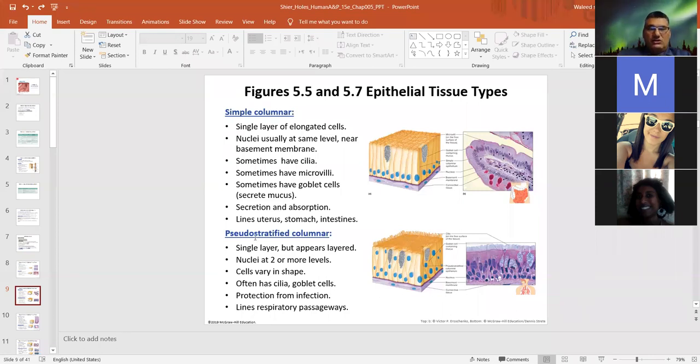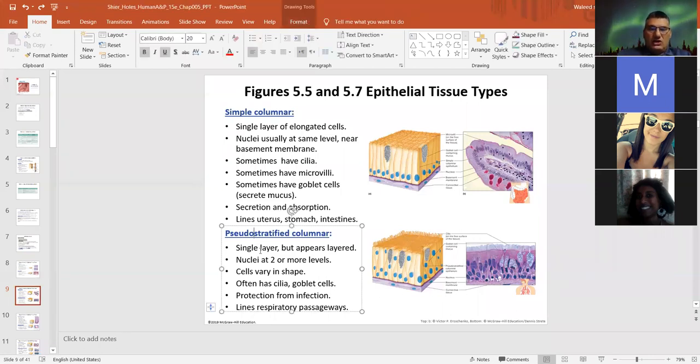There is one that's called pseudostratified columnar. Does anybody know what pseudo means? What does this prefix mean? False. Exactly, it means false. So pseudostratified means false stratified. What do you mean by false stratified? It is not stratified. It looks like stratified.